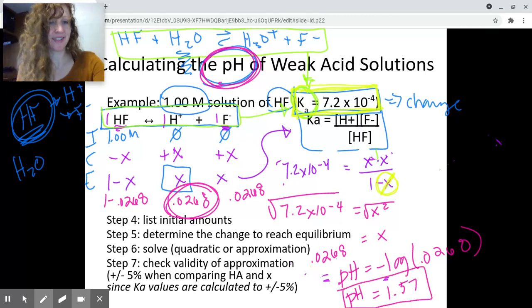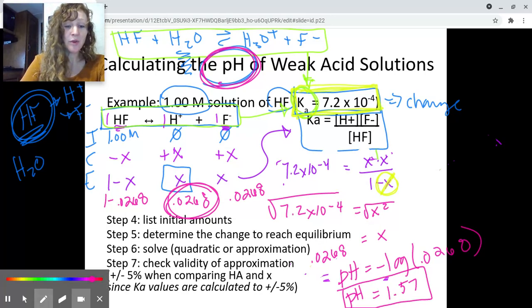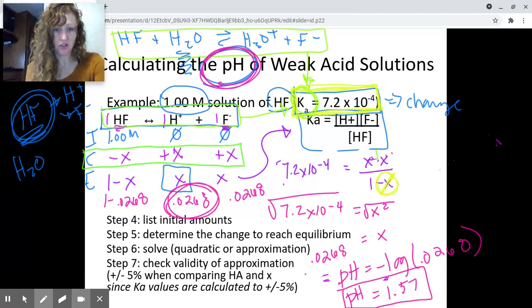All right. Okay, we just did the same thing for a weak acid solution. So again, weak acid solutions are just a little bit more complicated because of the change. We don't know the change automatically. We have to use our K equation to figure out the change, and then we can proceed forward.